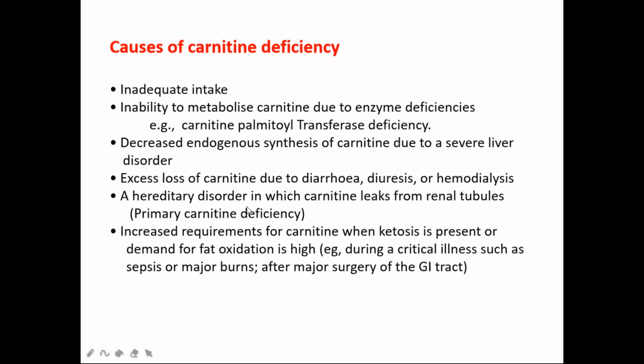One of the hereditary causes, in which carnitine is leaked from the renal tubule, is known as primary carnitine deficiency. In all these conditions, you can see the signs and symptoms of carnitine deficiency.